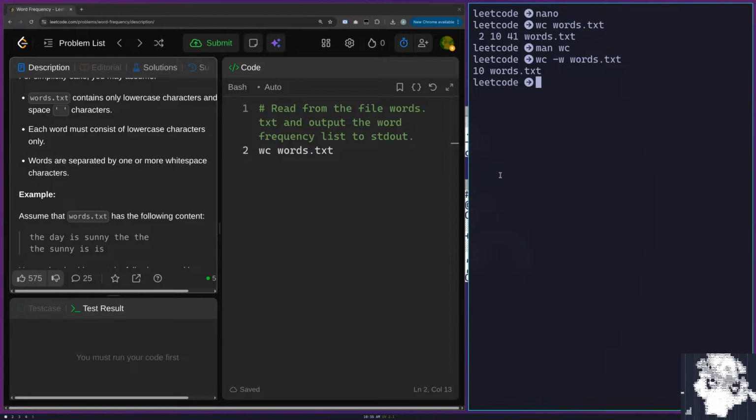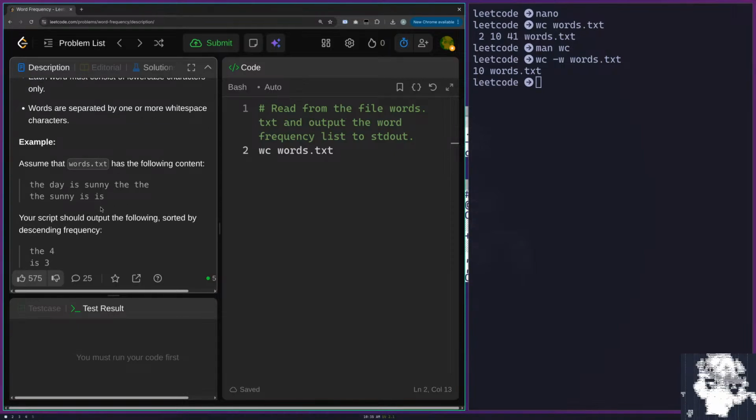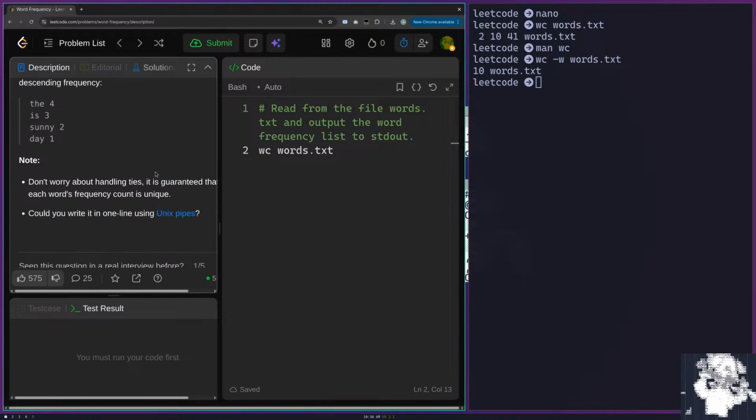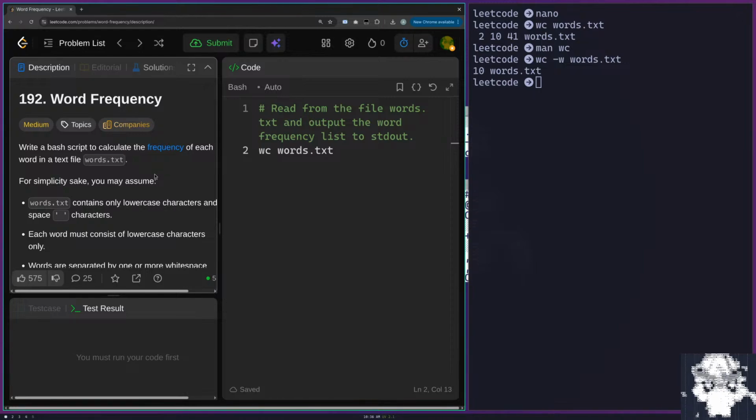Yeah, I just don't think I know enough to do this. I don't know enough to do this, and I don't know what to look up that won't just spoil the answer.